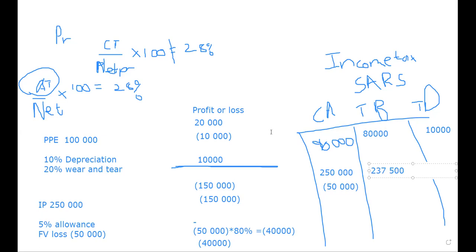Yeah, that's the tax base. That's what we expect from tax. Now, do you see that this amount and this amount will never coincide? These two amounts will never be the same.